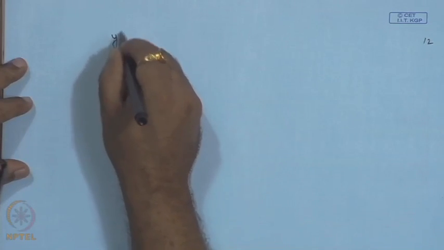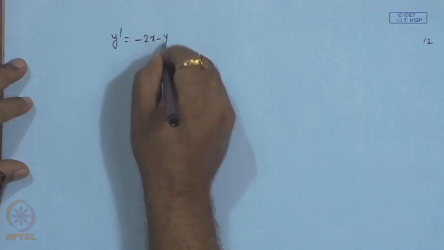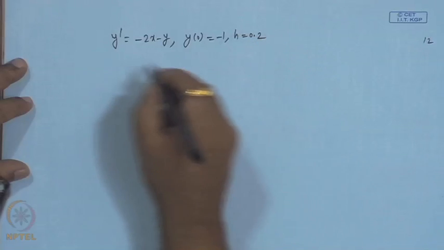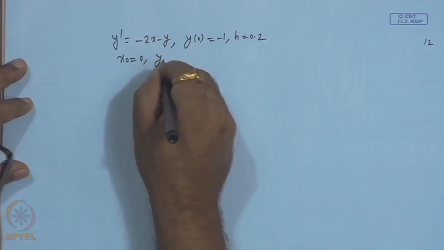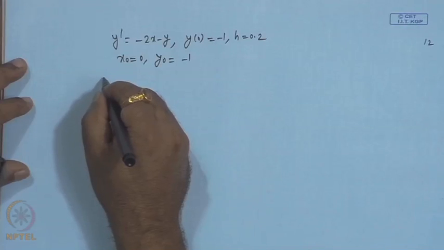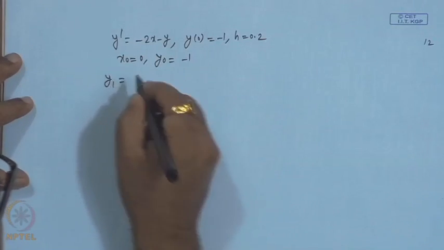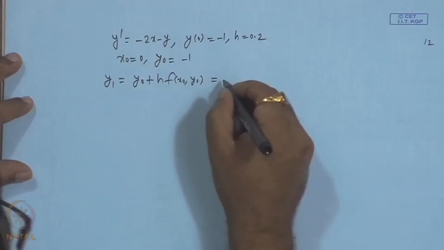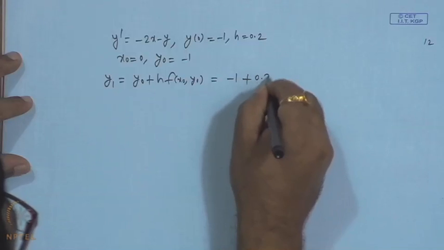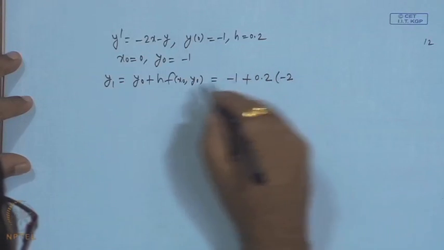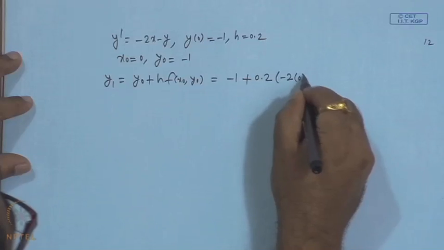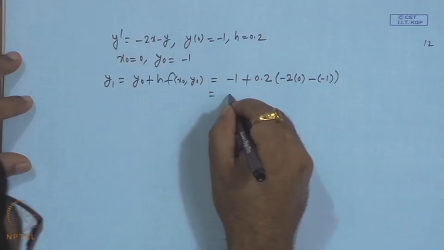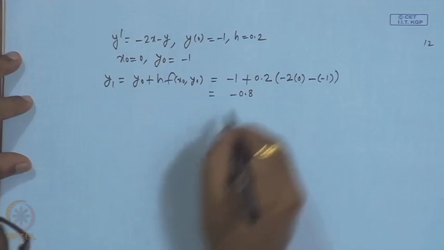So, y dashed was... so x 0 is 0, y 0 is minus 1. Therefore, y 1 is y 0 which is minus 1, h is 0.2, minus 2 x 0 is 0, so this is okay.